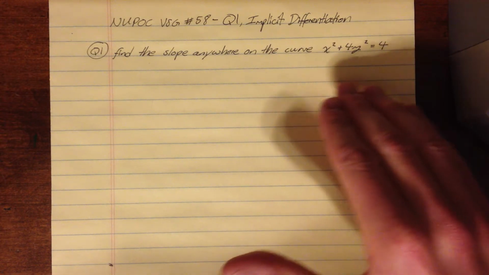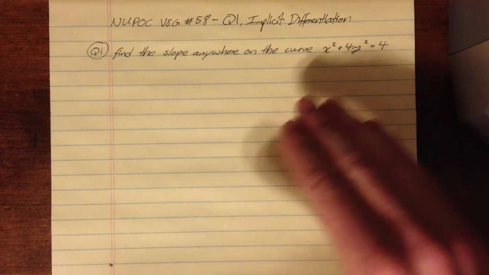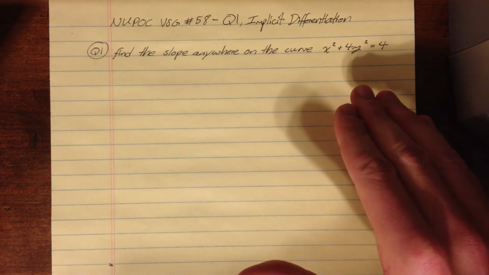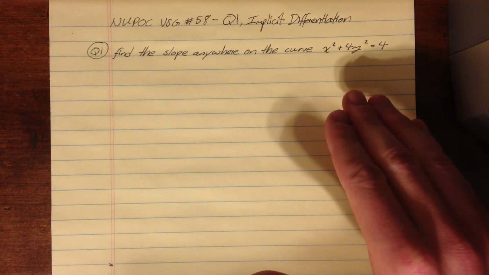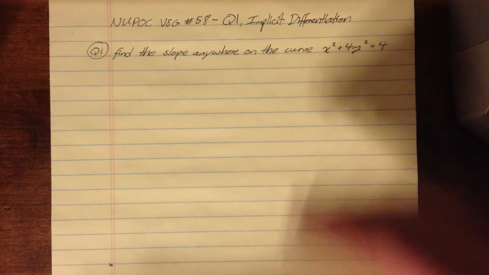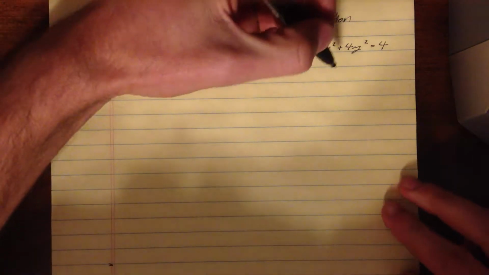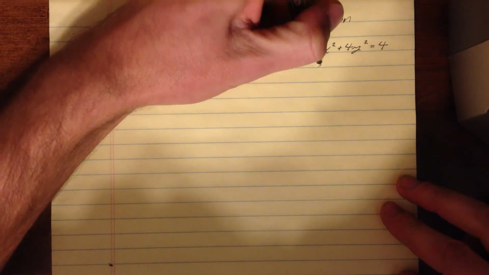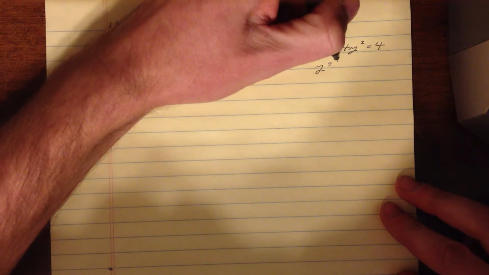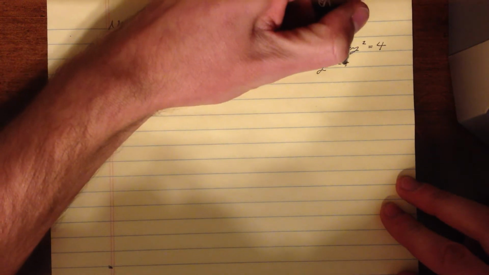If we moved everything to one side and said this is f of x, or made it y equals whatever, in fact, we would say y equals plus or minus, I believe it's 1/2 root 4 minus x squared.